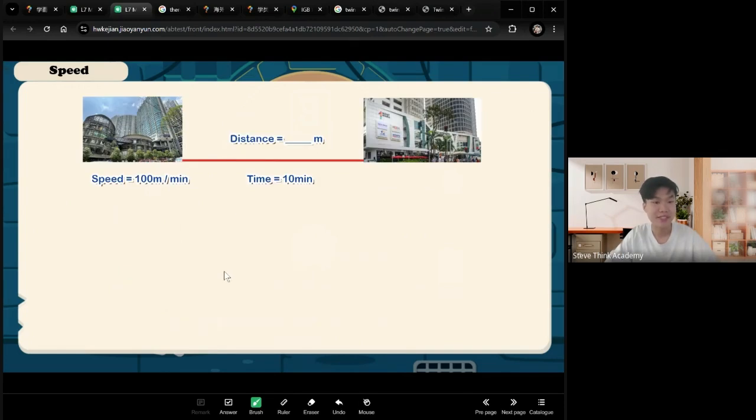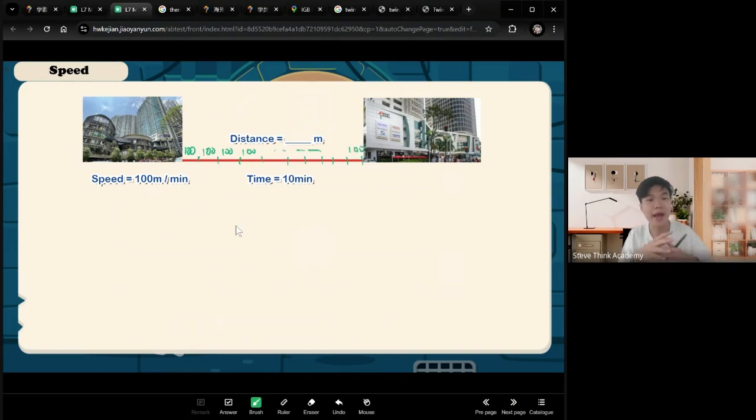Now let's find the distance from left to right. We know that the speed traveled from left to right is 100 meters per minute, while the time is 10 minutes. So 1 minute, 2 minutes, 3, 4, 5, 6, 7, 8, 9, 10. In 1 minute, we can travel 100 meters, and it is the same every minute.